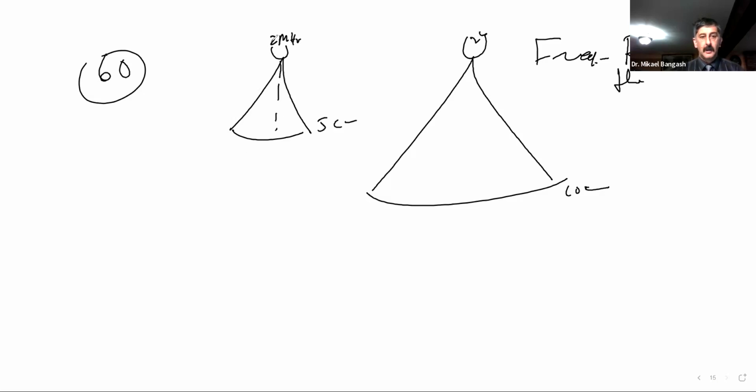Please mind my words: the frequency of your sound wave is still going to be 2 megahertz at all these depths, even if you go from 5 centimeters all the way down to 10 centimeters. The frequency of your sound wave will remain the same. Did you guys get that?